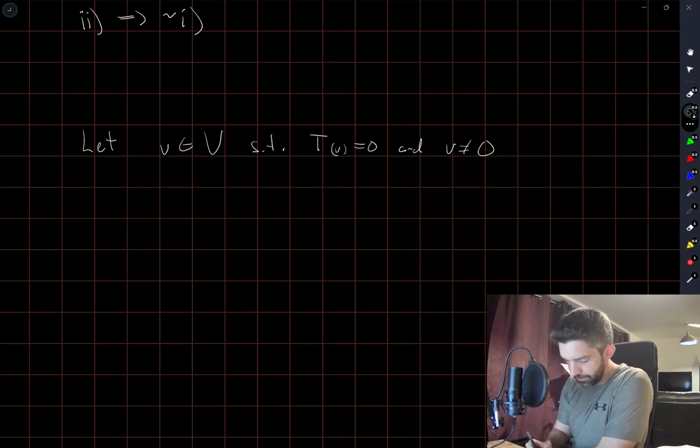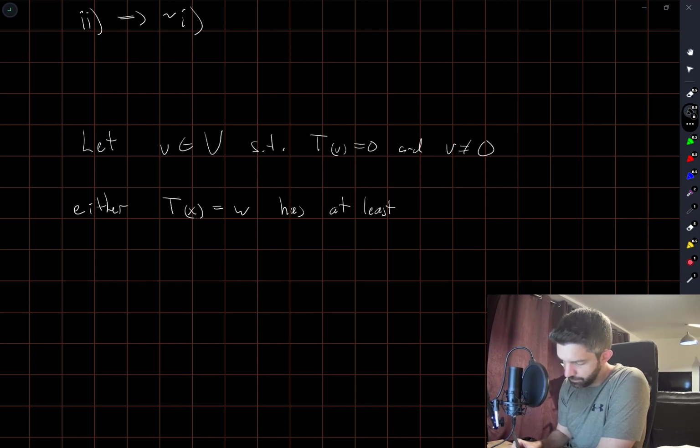Okay. So then either Tx equals w has a solution, or no solutions.